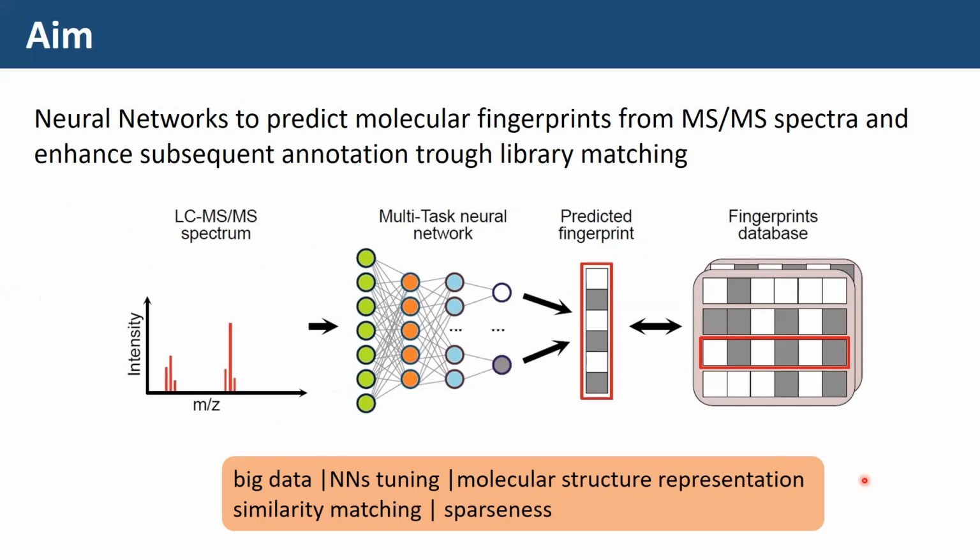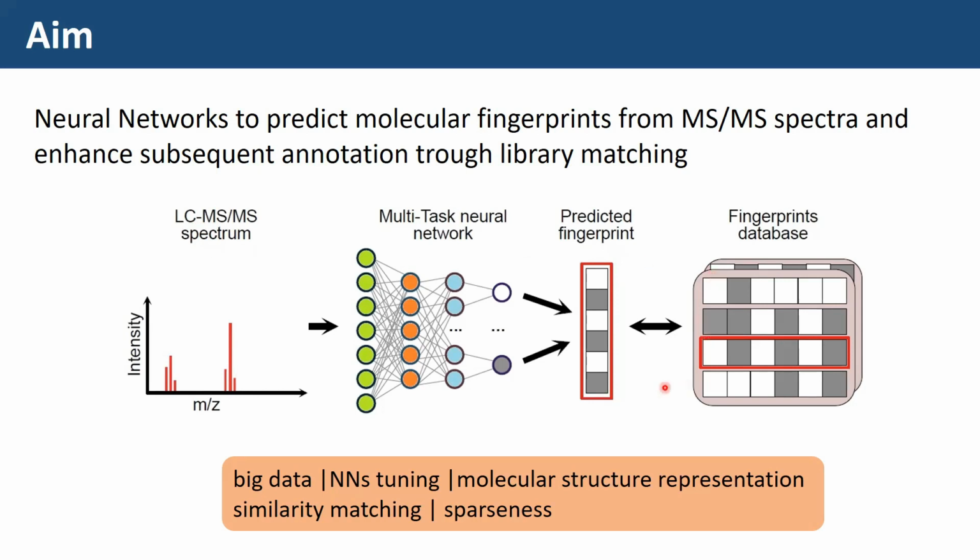So to reset a bit, what is the aim? The aim is to get a model, and I will explain later why we use neural networks, but in this case, neural networks, to predict molecular fingerprints, so binary molecular fingerprints, starting from LC-MS, so MS spectra measured in tandem with liquid chromatography, to enhance the annotation, the identification of compounds.